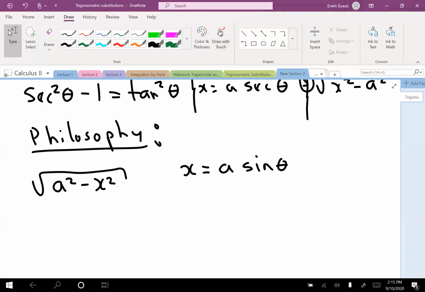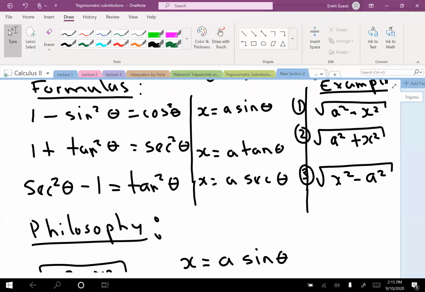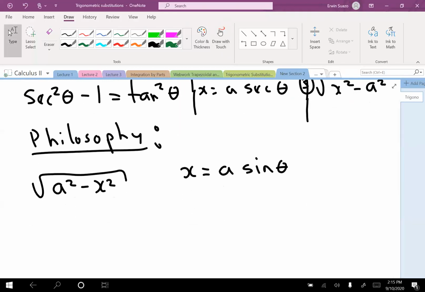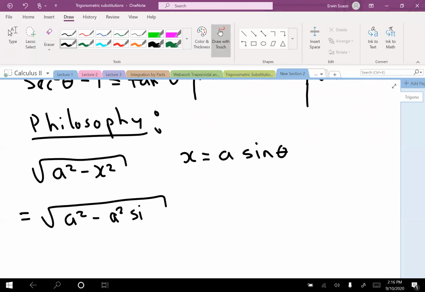We're following this table. Now you're going to understand why. When I replace in my equation, I get a square root of a squared minus a squared sine squared of theta. Now I factor my a squared, so we have a square root of a squared times 1 minus sine squared of theta.